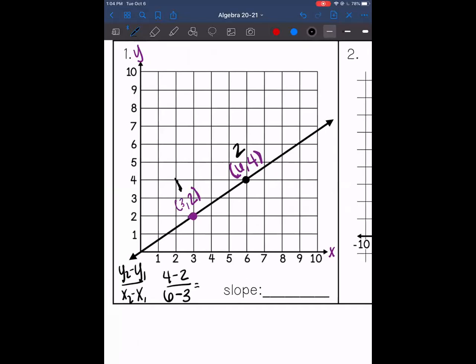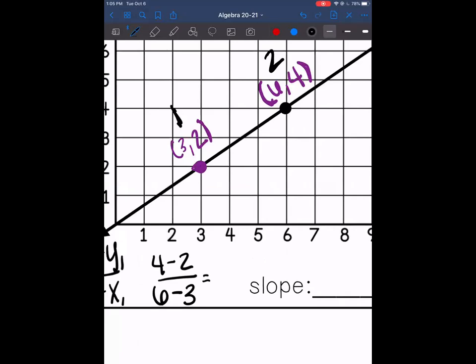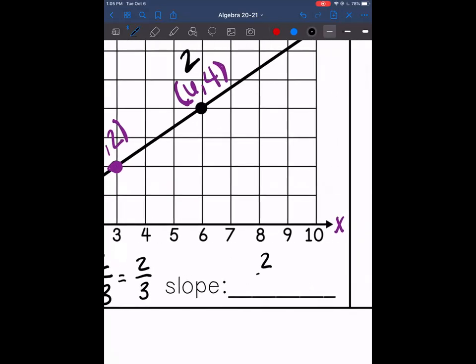Based on our left to right direction, it's going up and to the right, so that tells me it's a positive slope. All right, so 4 minus 2 is 2, and 6 minus 3 is 3. So my slope is 2/3.